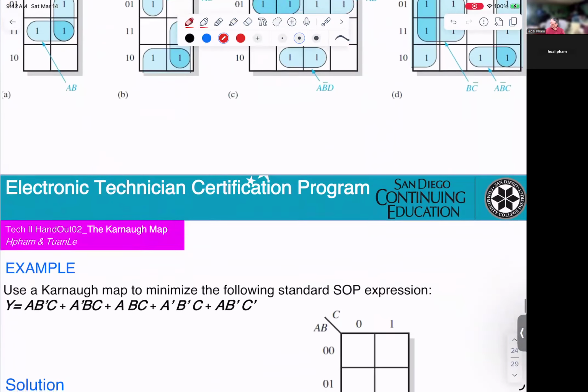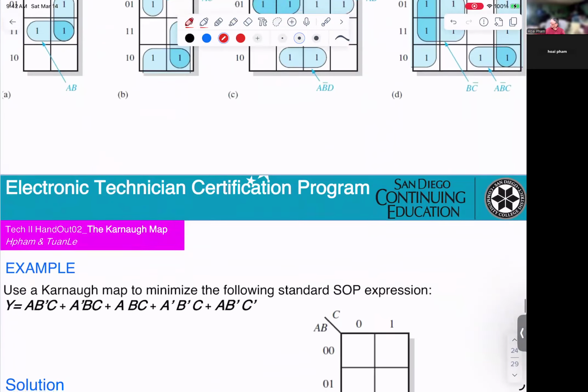Okay. The next one. A, not B. A, not B, C. Here. The next one. A, B. A, B, C. Here. A, B, C. The next one. A, not B, not.